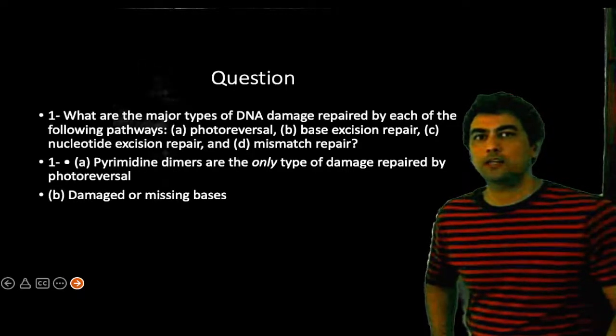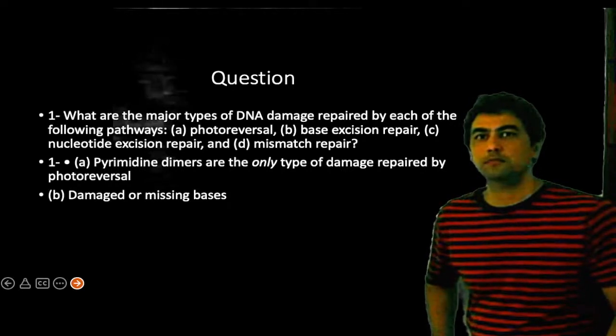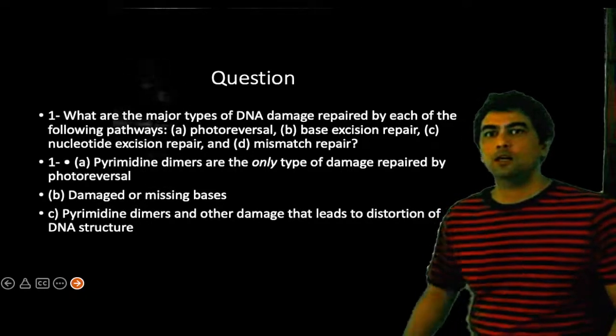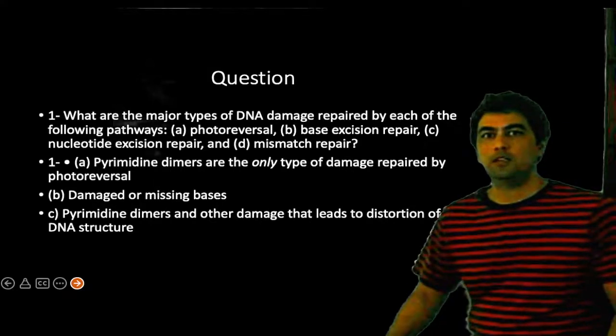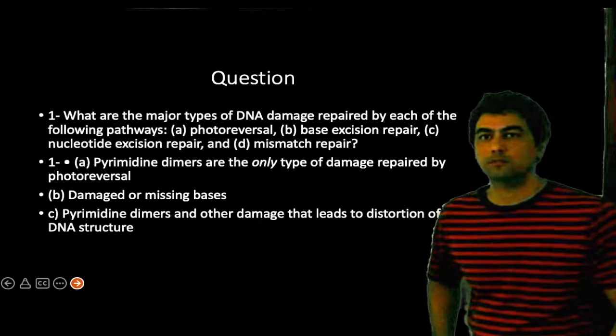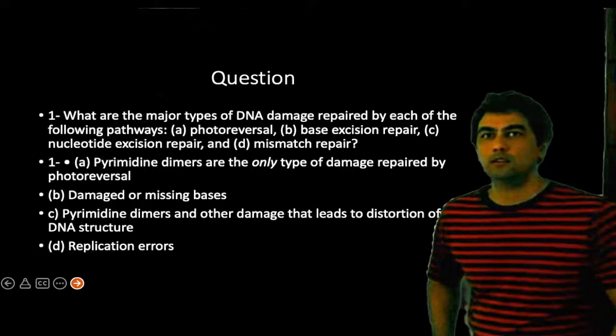Base excision repair fixes damaged or missing bases. Nucleotide excision repair fixes pyrimidine dimers and other damage that leads to distortion of the DNA structure. And mismatch repair fixes replication errors.